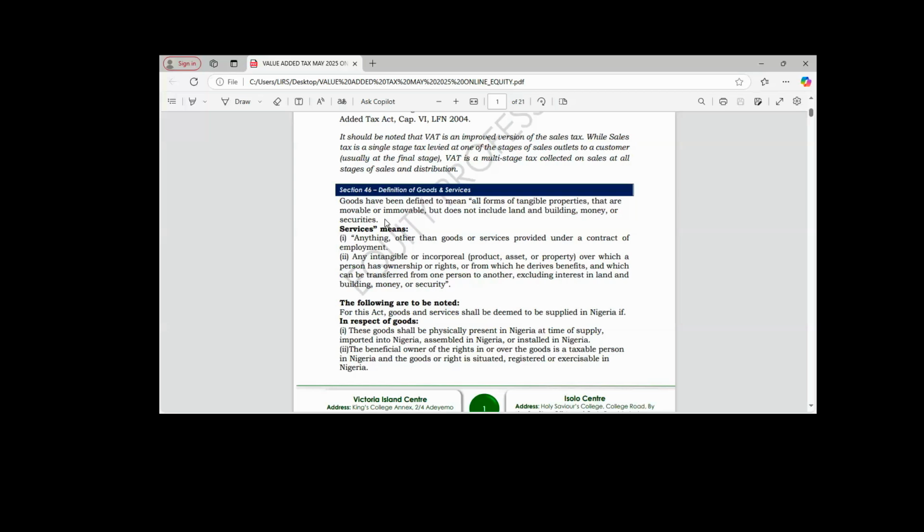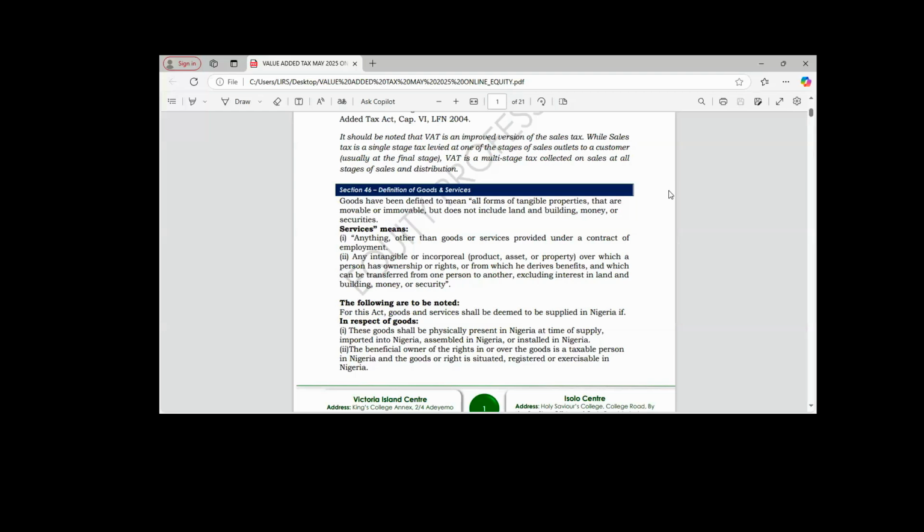When you are engaging in security or money, you are selling money, so no VAT will be charged on it. That does not mean you are not going to pay some other form of tax. There are still some, like capital gain. They're still going to be liable to all those. Value added tax has been excluded. Thank you. Any other question?